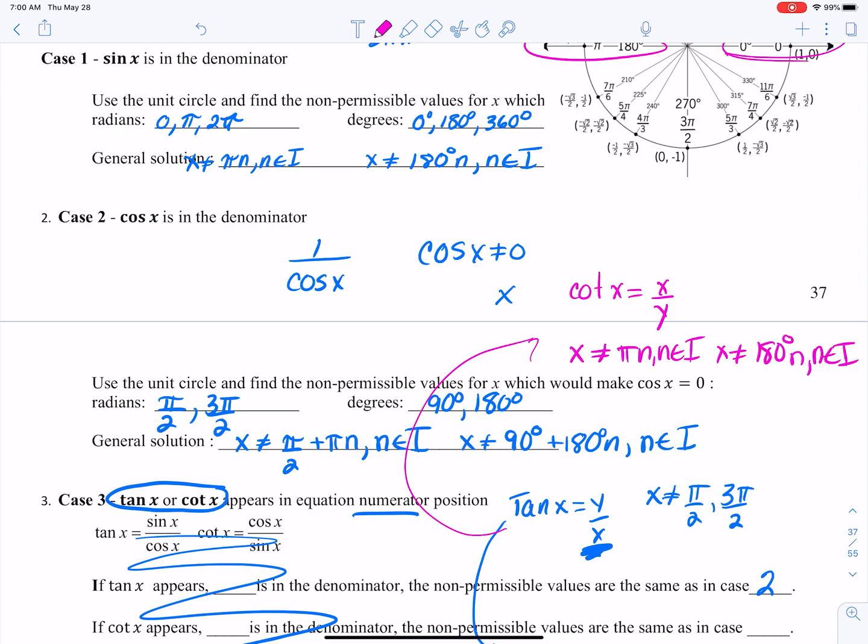So basically, whether tan or cotan, even if they're in the numerator position, they still have restrictions because there would be division by 0. And we're not going to put tan or cotan in the denominator, so don't worry about that. We're just going to worry about tan and cotan if they end up in the numerator.